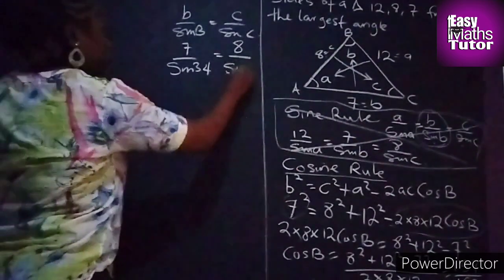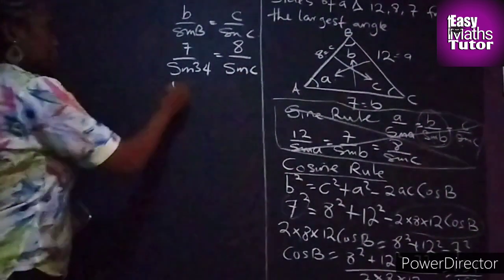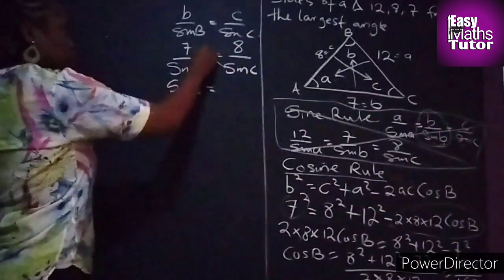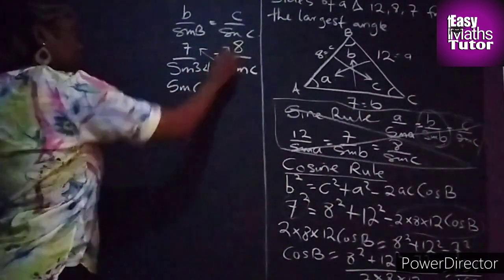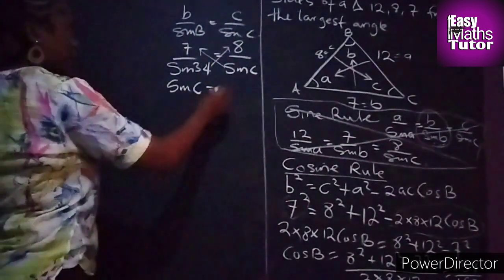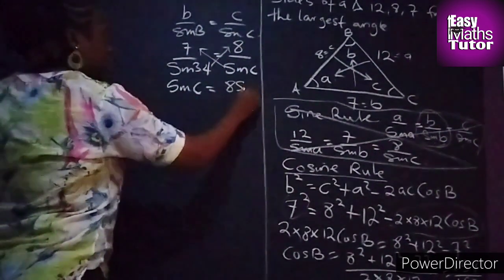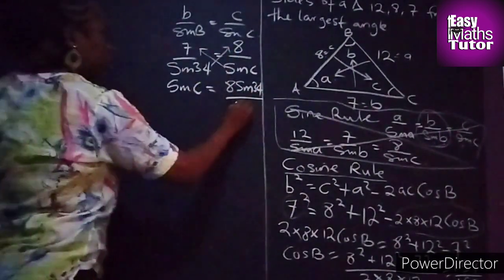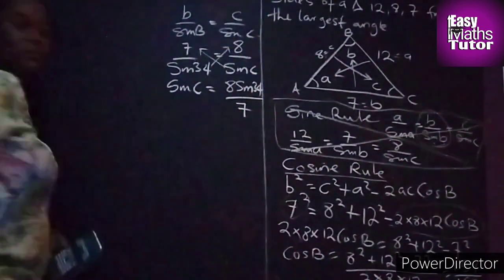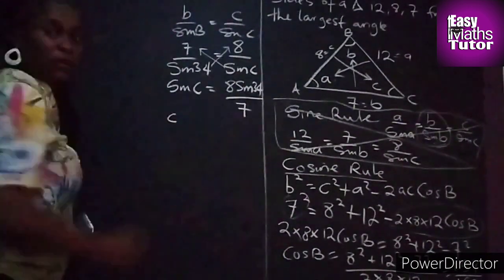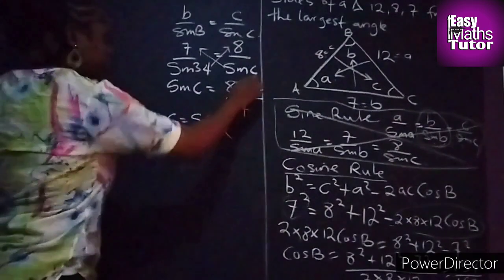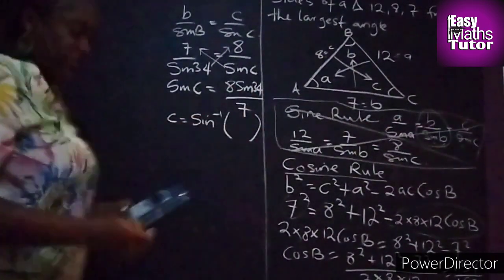We don't know sine C, so we make sine C the subject of the formula: 8 sine 34 all over 7. C will be equal to arc sine of this value.